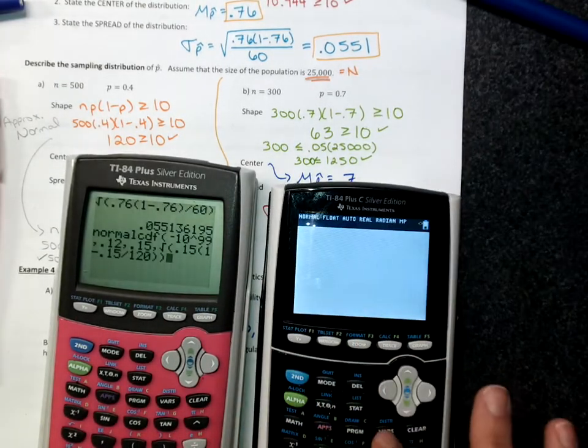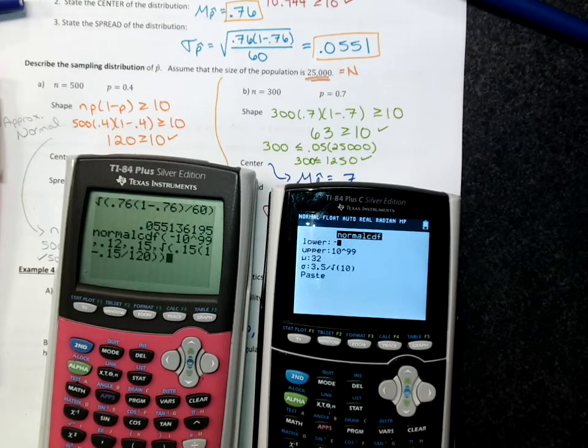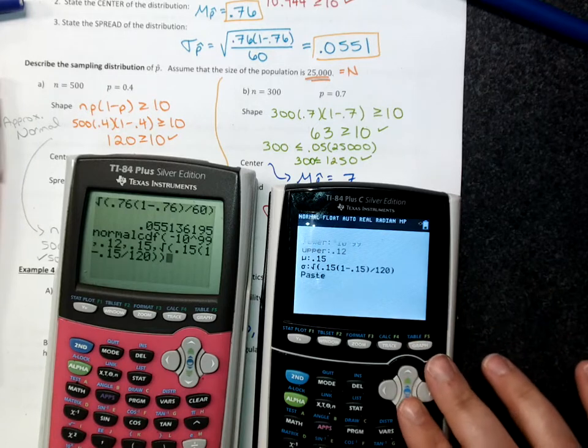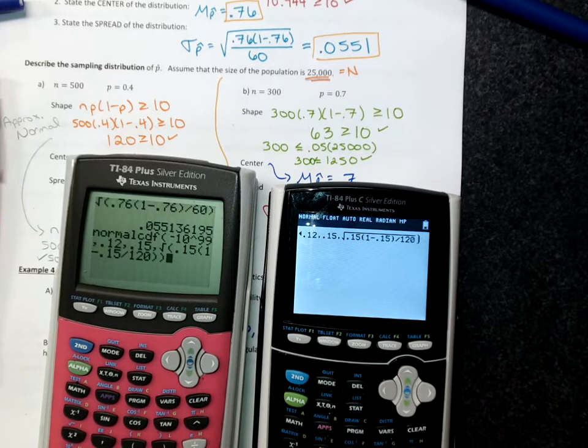With the newer calculators, if we do normal CDF, negative infinity to 0.12, centered at 0.15, and the square root of 0.15 times 1 minus 0.15 divided by 120, I would close that parentheses just to make sure. So either way, you should get the same.